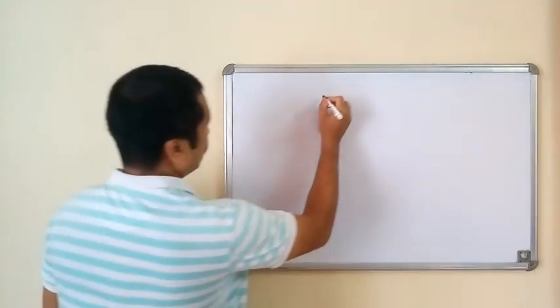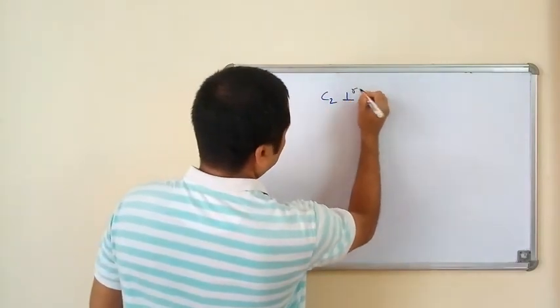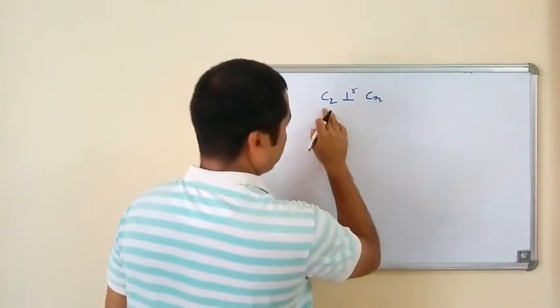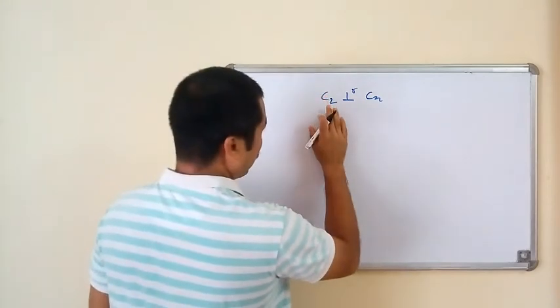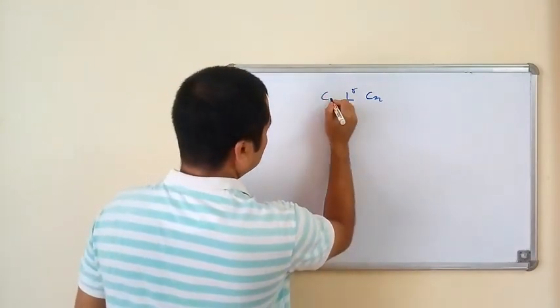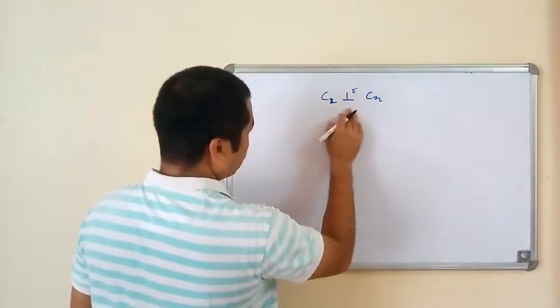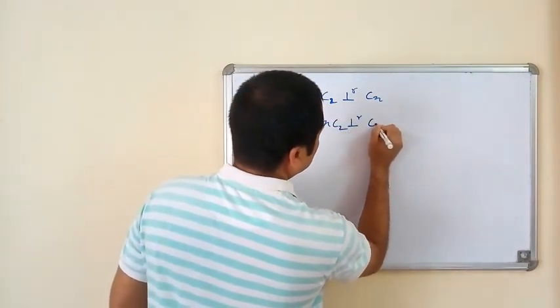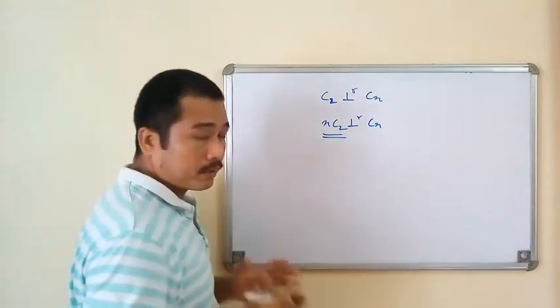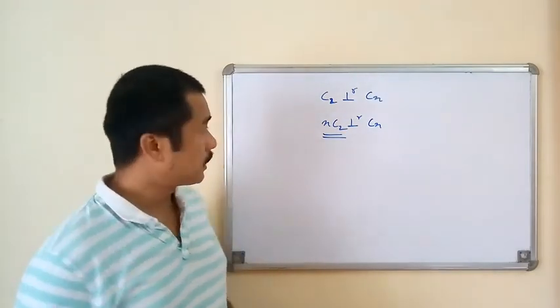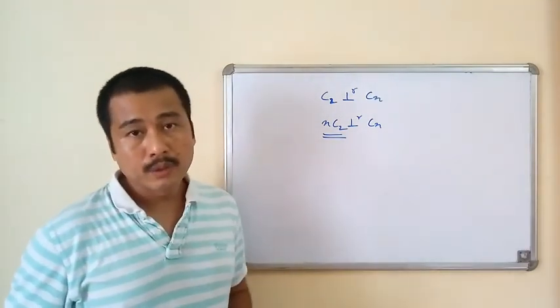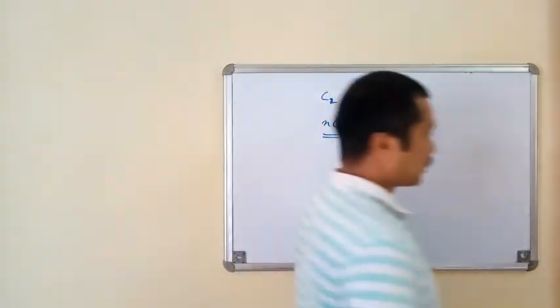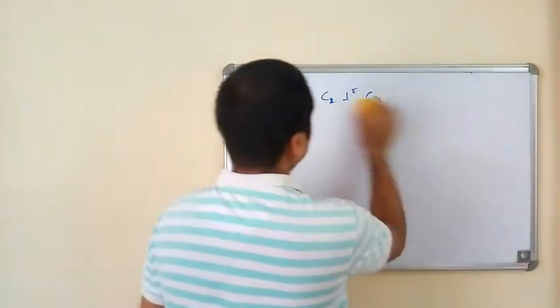That means if you find even one C2 which is perpendicular to the Cn, then there must be a total of n C2s. This is a necessary condition put by group theory, and we will see how it is possible.